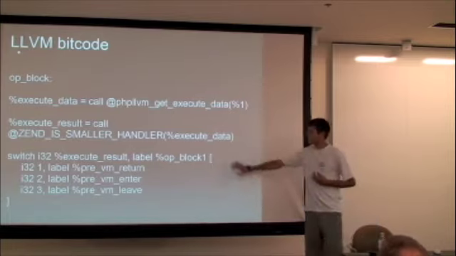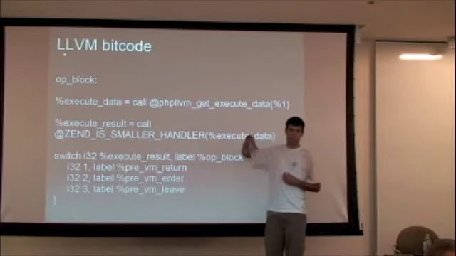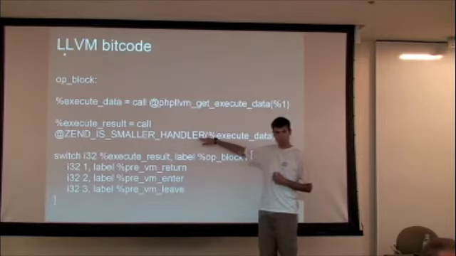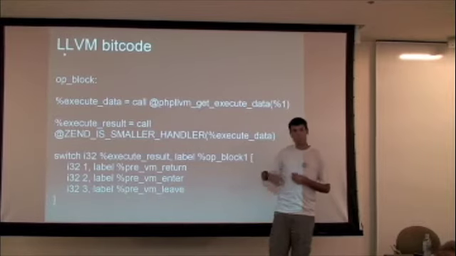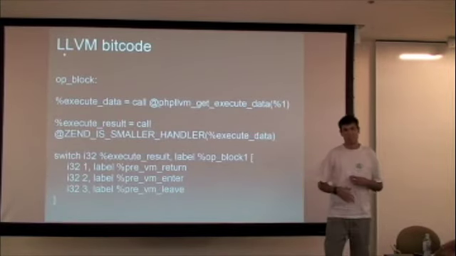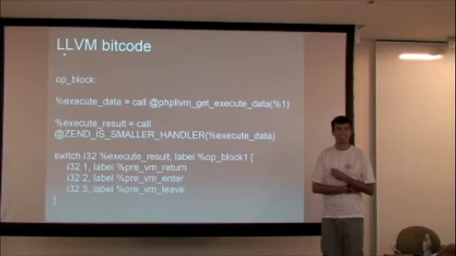Yeah. Okay, so this is the handler from the Zend VM, but we compile this to bitcode, so this gets inlined here. So this is not a problem. This is the code that we emit, but then the optimizer will take care of that. It doesn't translate into a call into PHP's library.